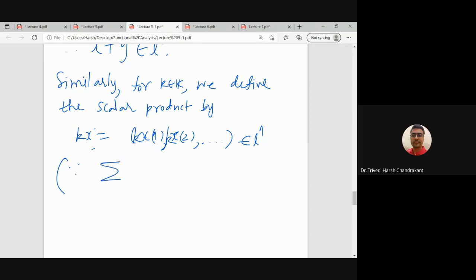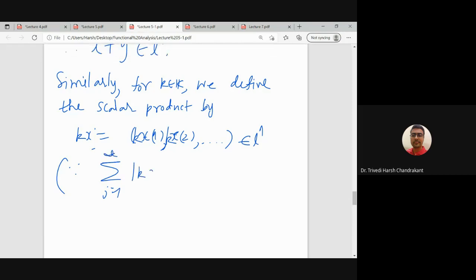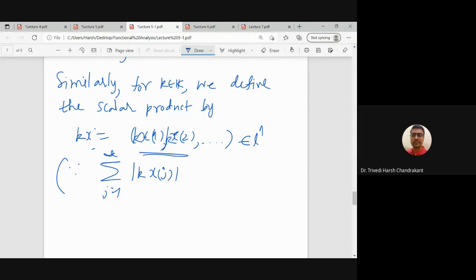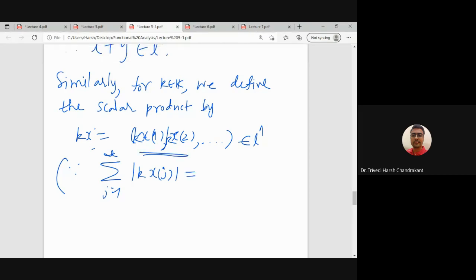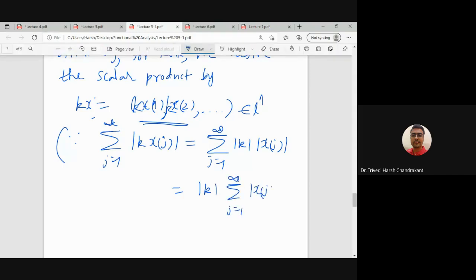Therefore the summation of |k xj|, the series corresponding to this element, we can write as the summation of |k||xj|, and since the series of |xj| is convergent, we can take the modulus of k outside, and this is convergent.